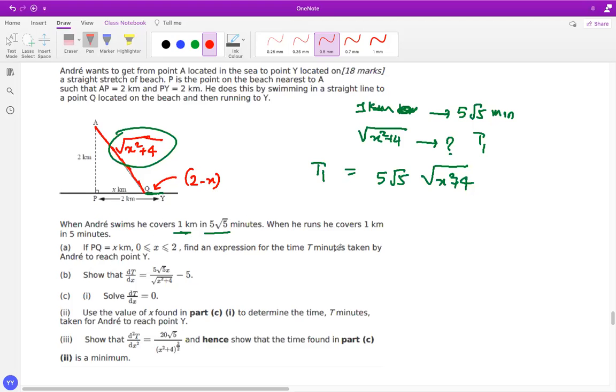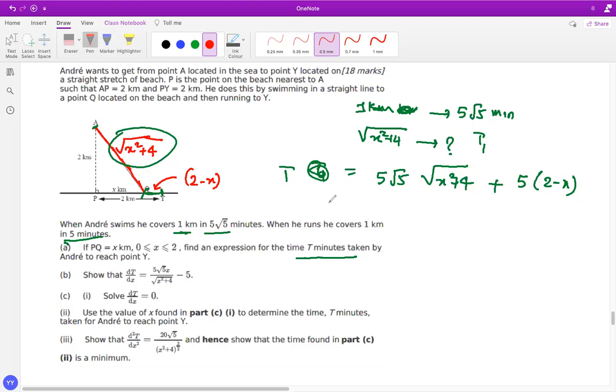Now, if he takes 5 minutes to cover 1 kilometer running, similarly it will be 5 times (2 minus x) total time taken. So this is the expression for total time taken, to come from here to here and then from here to here. So this is our function, that was the first part.